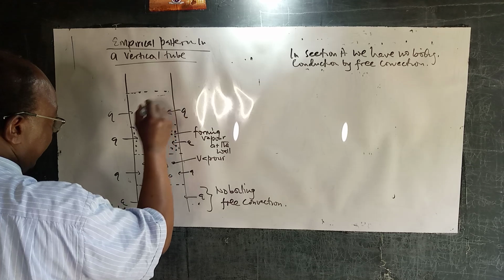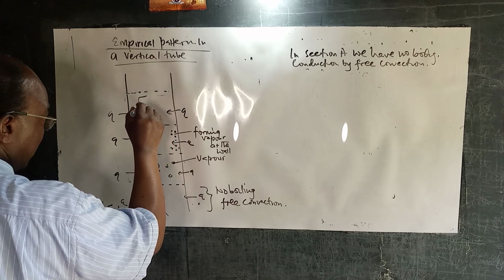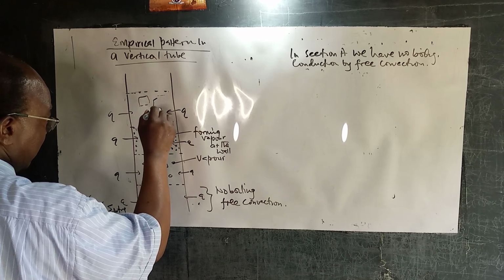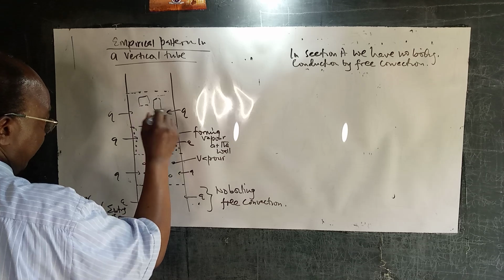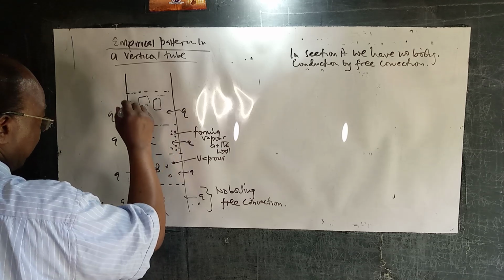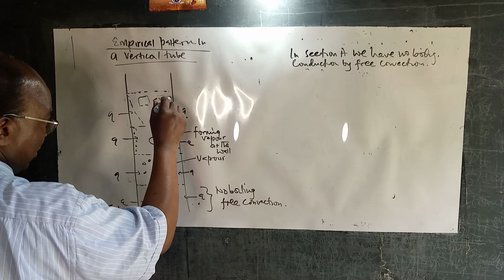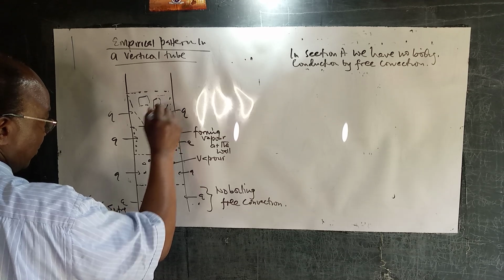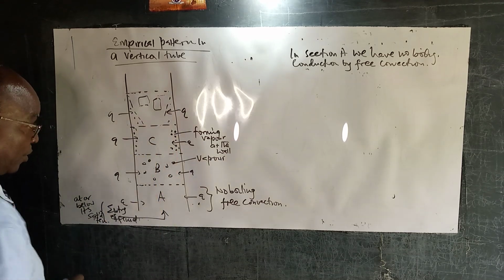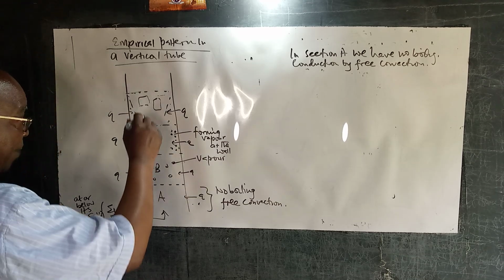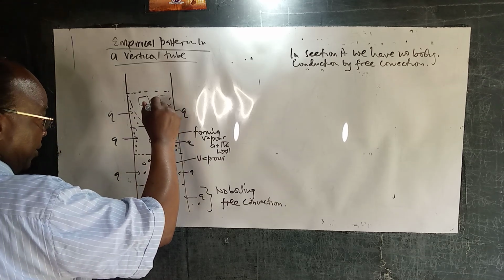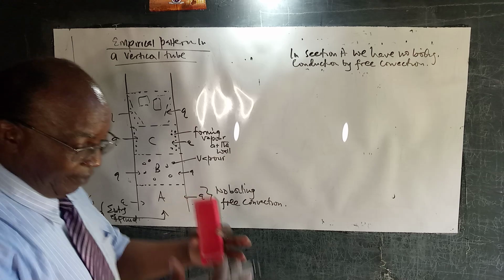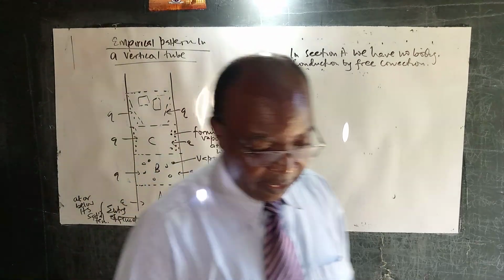So here we have bigger vapor, coalescence of vapor into bigger units.